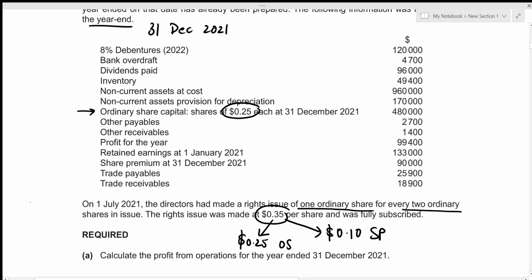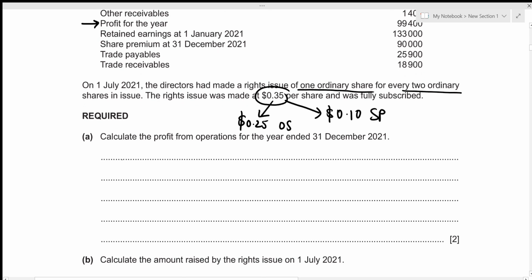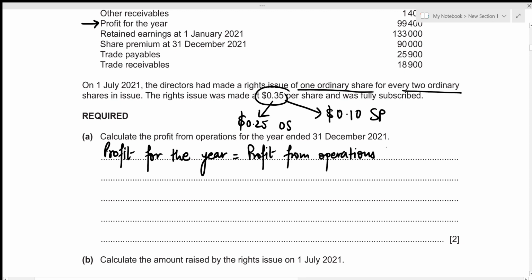We need to calculate the profit from operations for the year ended 31st December 2021. In the given information, we can see that we have profit for the year. Alright, so we will be using this information in order to figure out our profit from operations. So what we know is that profit for the year is just the difference between profit from operations and the finance cost.